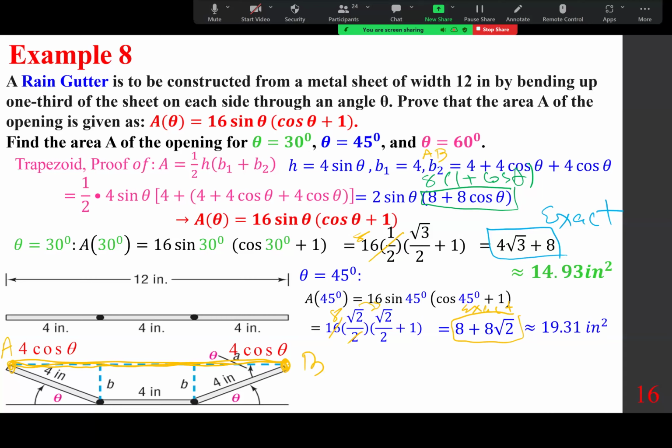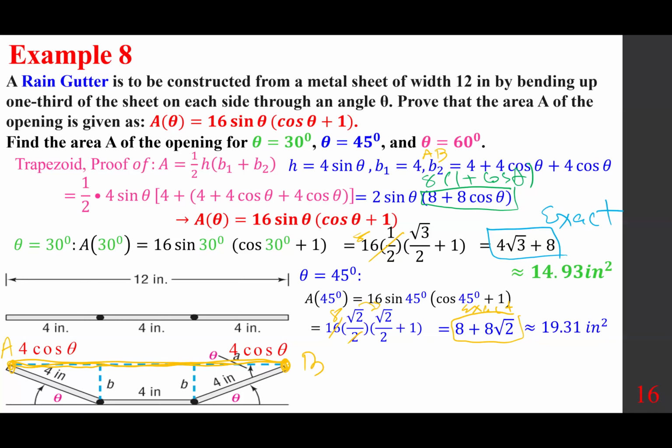We do the same thing with 60 degrees. And we should know that sine of 60 is square root of 3 over 2, and cosine is 1/2.